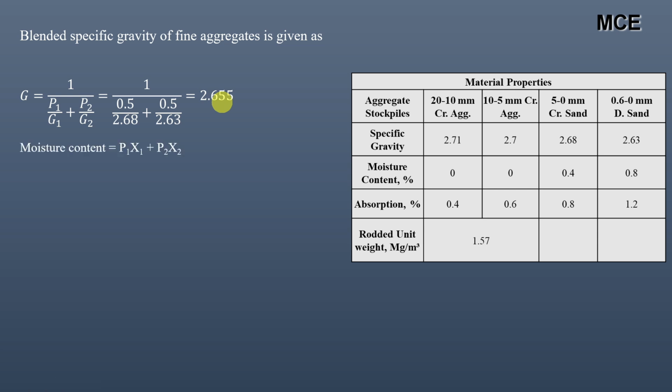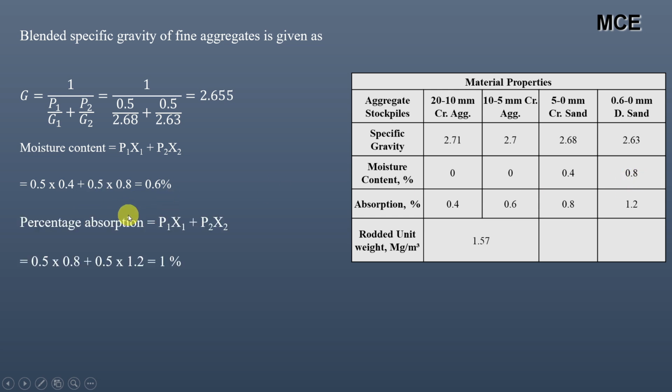After that, moisture content is 0.5 into 0.4 plus 0.5 into 0.8, which is 0.6%. Absorption is 0.5 into 0.8, which is the percentage absorption for 5 to 0 mm, plus 0.5 into 1.2, which is the percentage absorption for 0.6 to 0 mm. So the blended percentage absorption is 1% for fine aggregates.